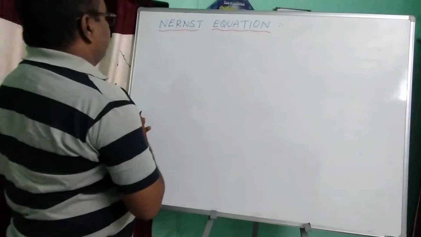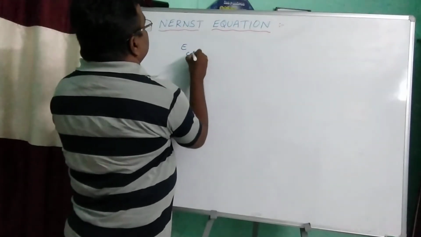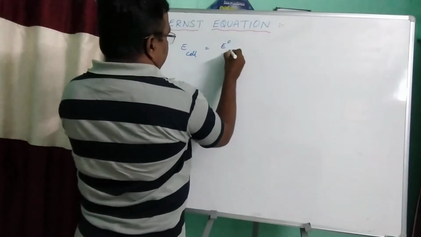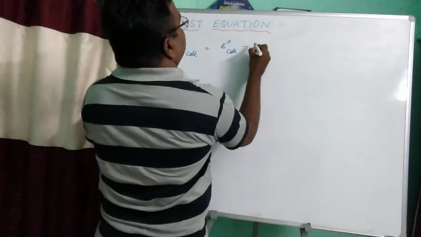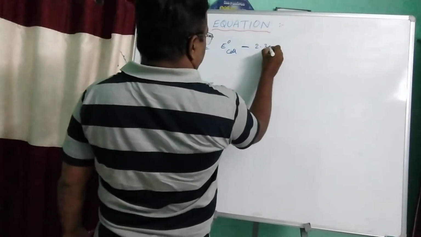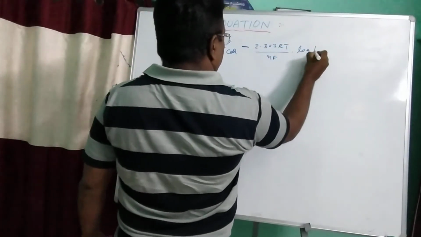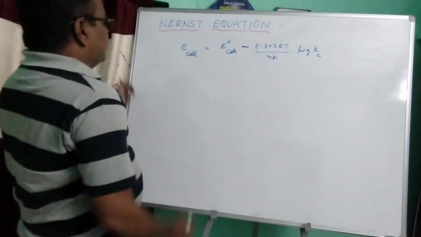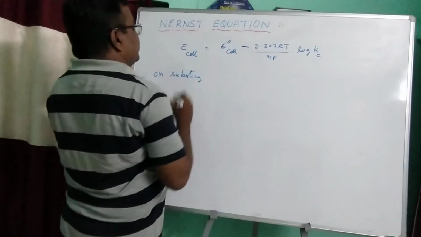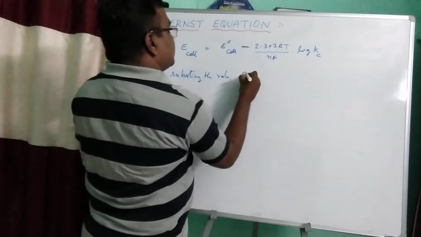But we know that in the Nernst equation, E cell is equal to the EMF of the voltaic or galvanic cell, which is equal to the standard cell potential minus 2.303 RT by NF log Kc. On substituting the values, the R value we have to substitute in joules.